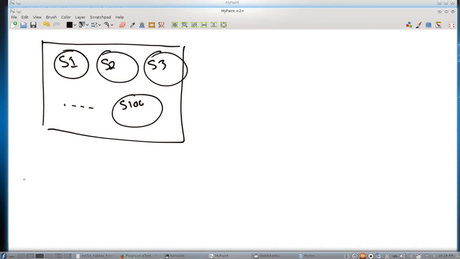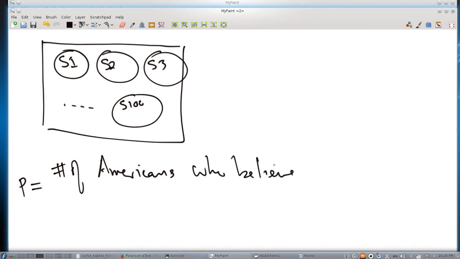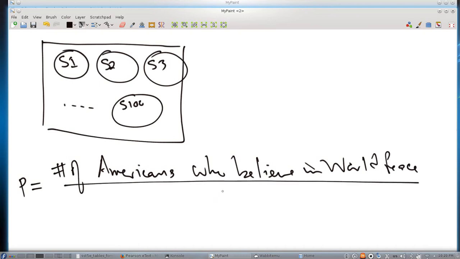The true proportion would be equal to the number of Americans who believe in world peace, divided by the entire population.